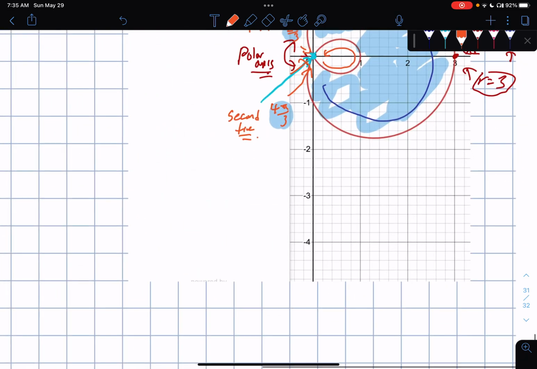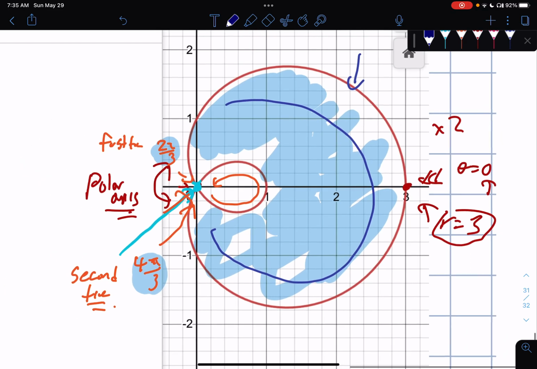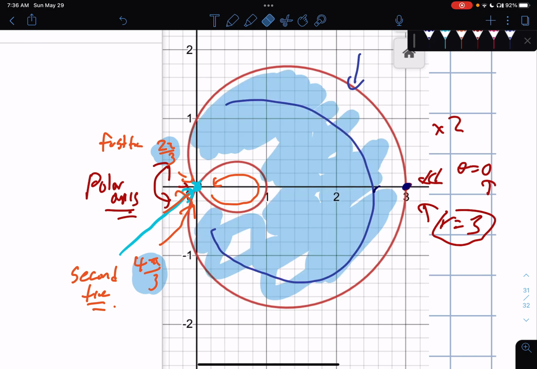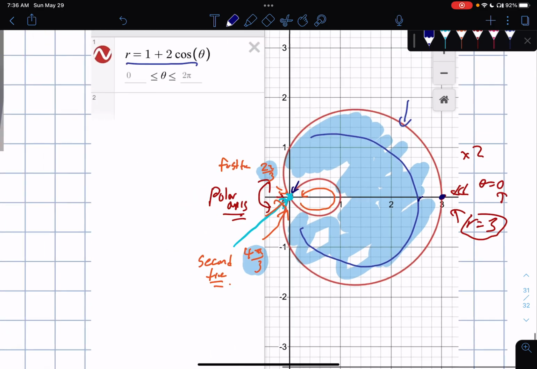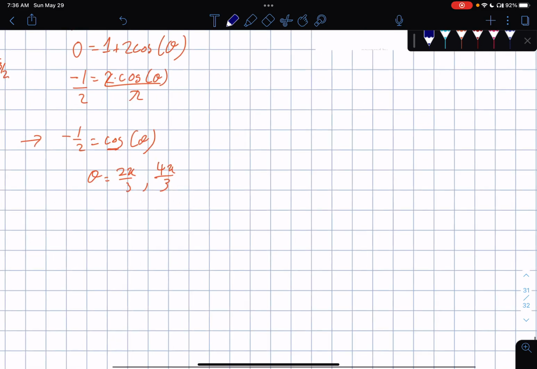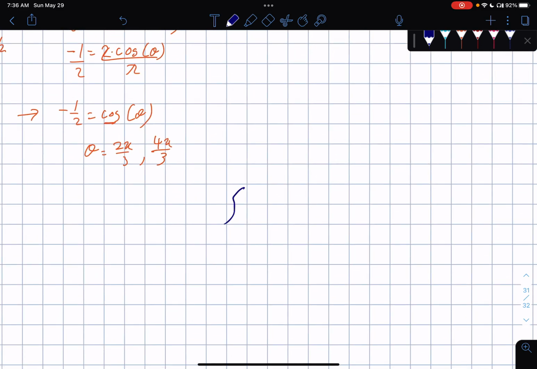So if we want to establish this integral, we have to take into account going from 0 all the way to here, which the first time we said is 2 pi over 3. So the first integral should be from 0 to 2 pi over 3. And remember that we use the area of a sector, so it's 1/2 r squared times an angle. Since we want the angle to be infinitesimally small, we use d theta.